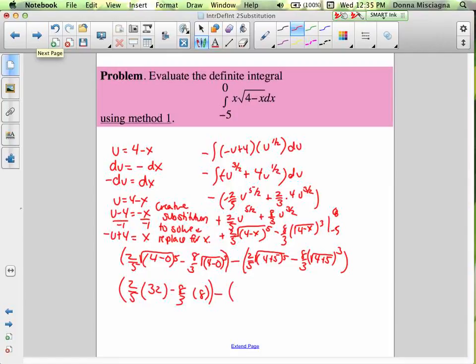So we have 2 fifths, square root of 9 to the 5th power, which is 3. 3 to the 5th power would be 243. And then minus 8 thirds, square root of 9 cubed, so that would be 27. 3 cubed, 27.